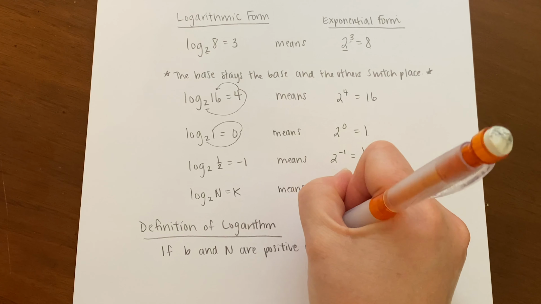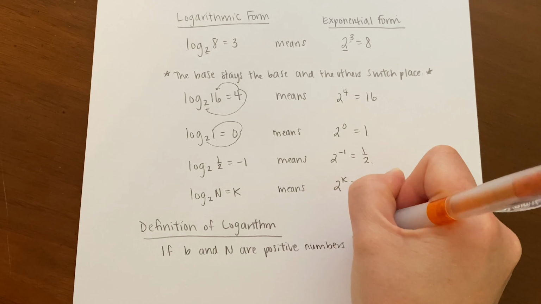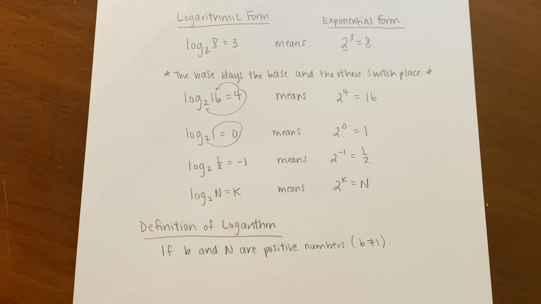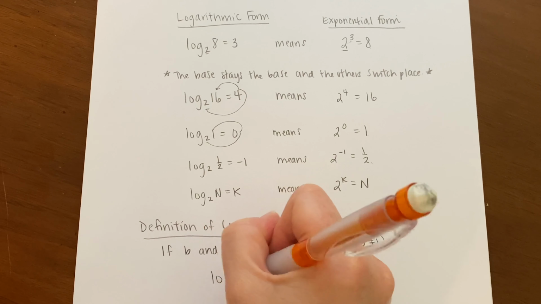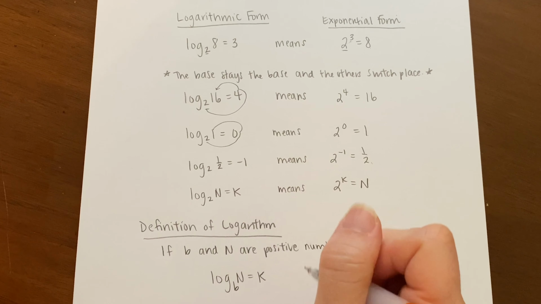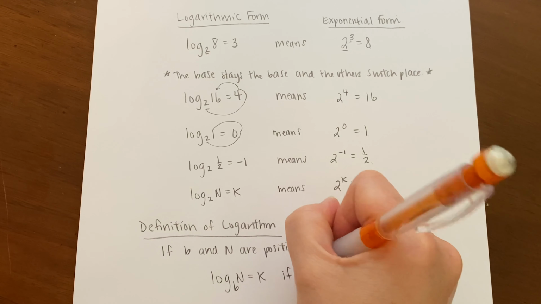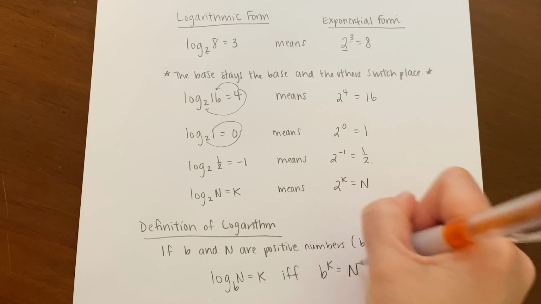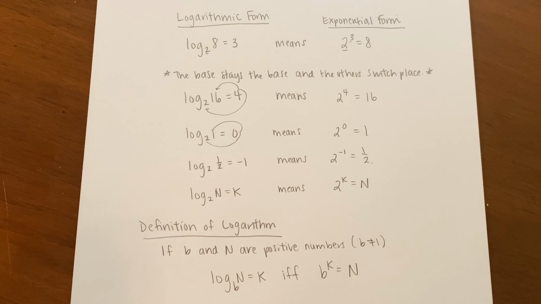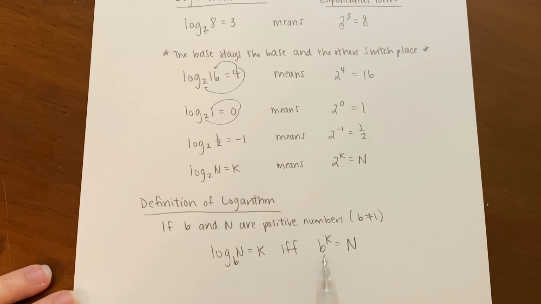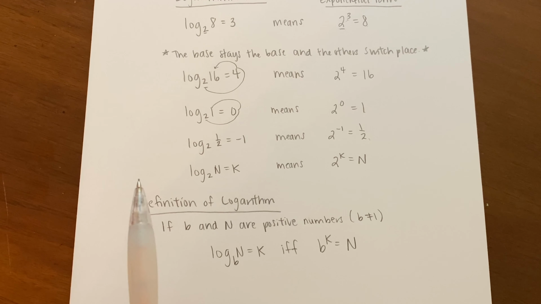Positive numbers. And b cannot equal 1. We just talked about that. The base can't equal 1. Then log base b of n equals k if and only if b to the k power equals n. So by definition, the logarithmic form can convert to the exponential form.